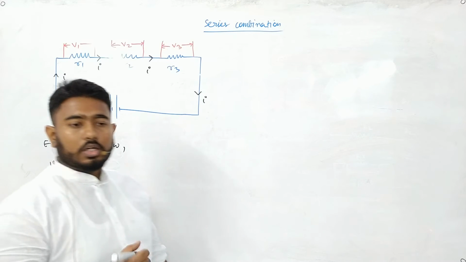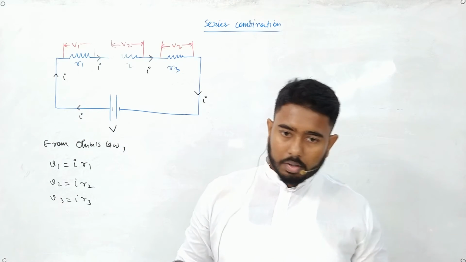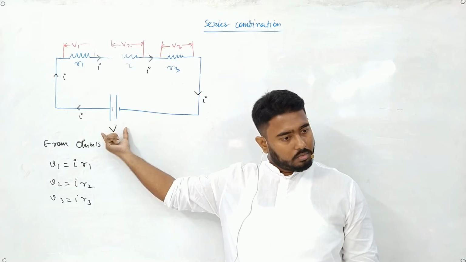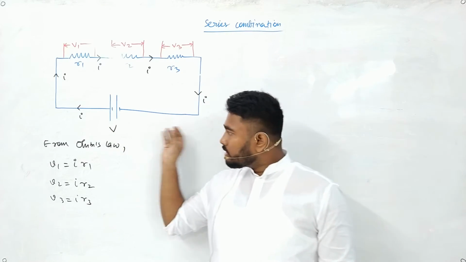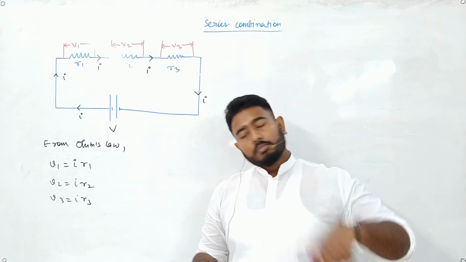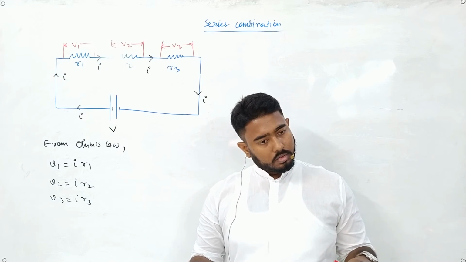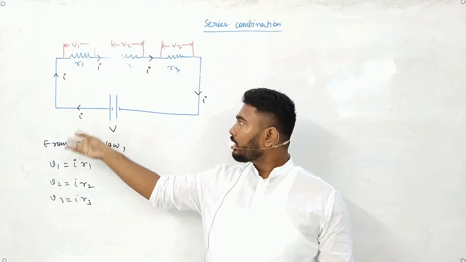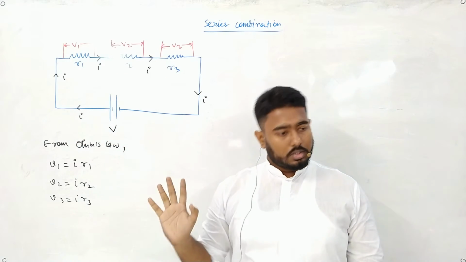Now you will learn about Kirchhoff's voltage law in class 12, but before that let me tell you something. Voltage is related to energy. So if energy is given out after completing the entire circuit, that energy must be completely used up. This is the basic principle. So if I give out 10 volt, that 10 volt must be consumed in the 3 parts.